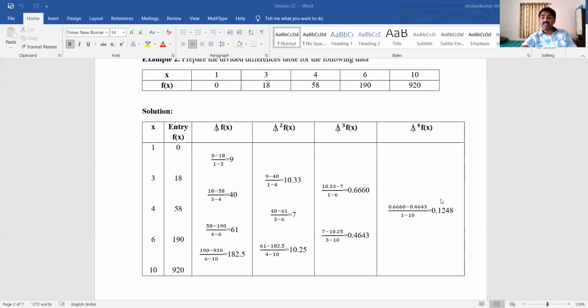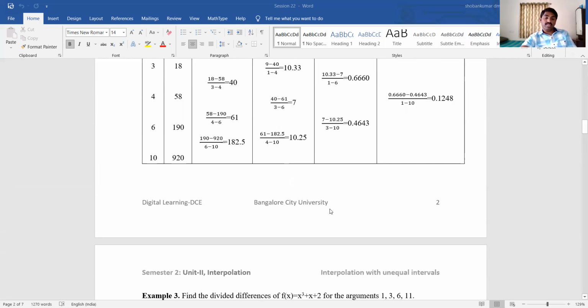And the fourth divided difference is 0.6660 minus 0.4643 divided by 1 minus 10, which is equal to 0.1248. This is the divided difference table for the given data.